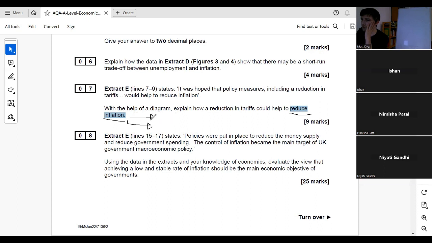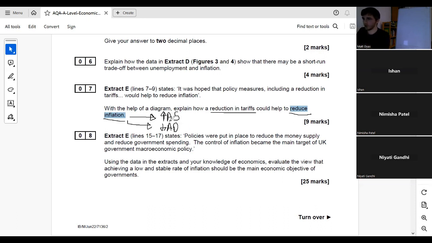So again, we've got two options here: increase aggregate supply or decrease aggregate demand. And we have been asked, how will a reduction in tariffs reduce inflation? So it's how will a reduction in tariffs increase aggregate supply or decrease aggregate demand?